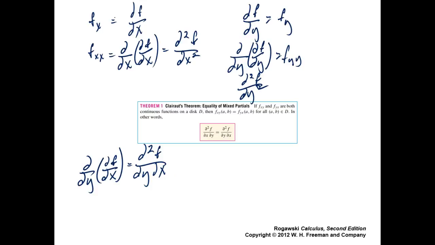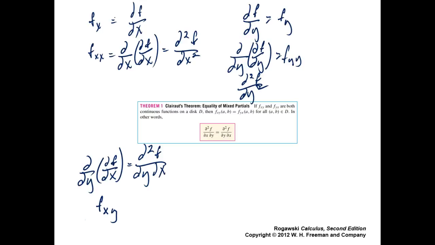However, our subscript notation would have us write f sub xy, because we took the partial with respect to x first, and then took the partial with respect to y. So you see, in this notation you're working from the right to the left, and in this notation you're working from the left to the right. So these two things mean the same thing.